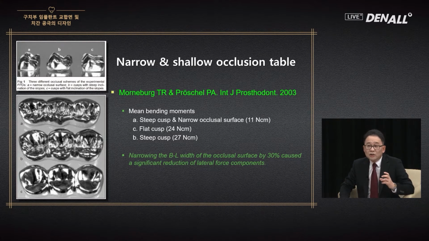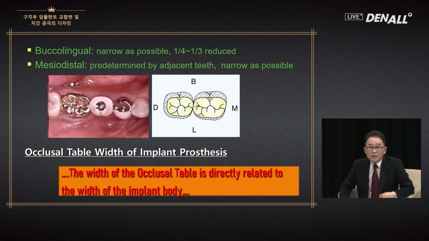According to the paper, steep cusp and narrow occlusal surface is favorable to receive less occlusal force. This is well known. Because of this, we try to make the occlusal table small. How small? Usually it says buccolingually 1/4 or 1/3 should be reduced, and mesiodistally it should be as narrow as possible. So implant prosthesis is made in small size.